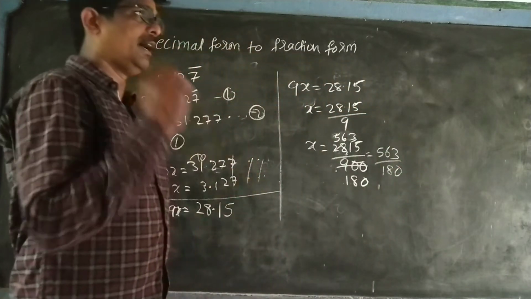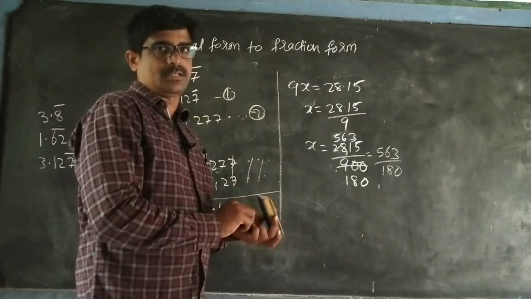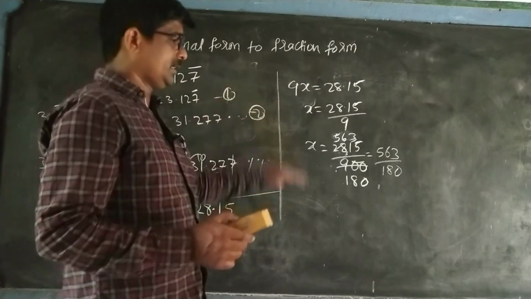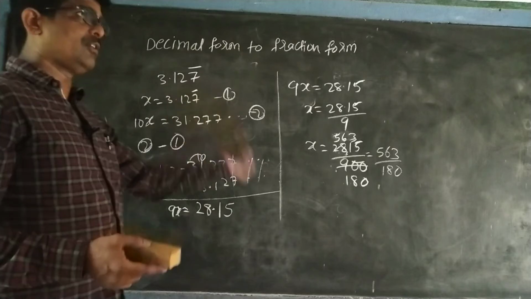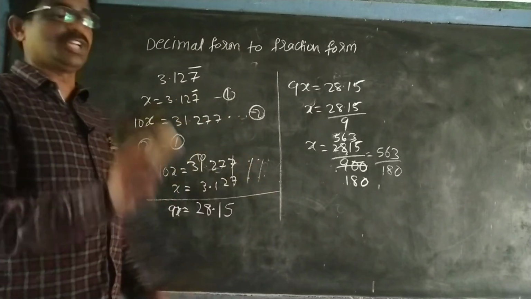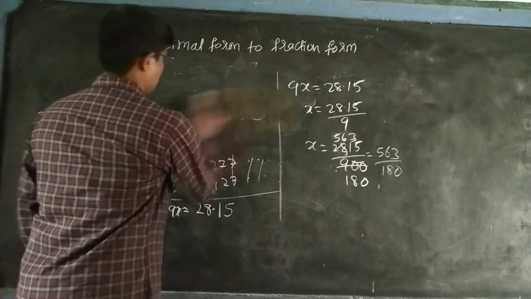This is another method. Is there any shortcut? Yes, there is a general formula whenever you have a repeating term. I am going to tell you a shortcut method.